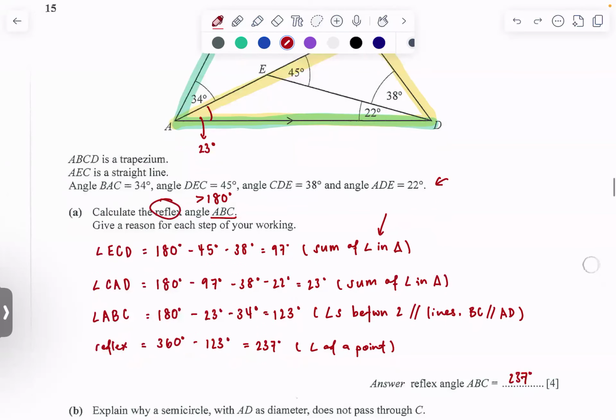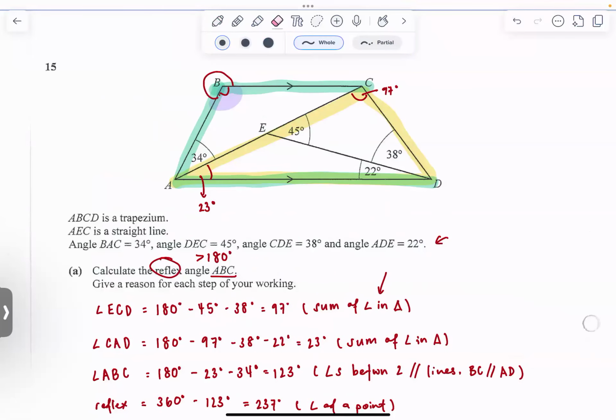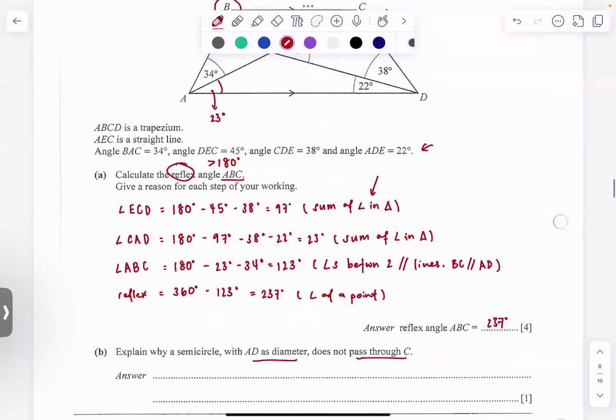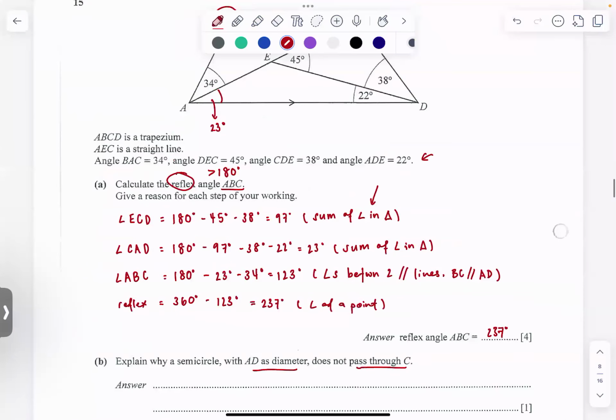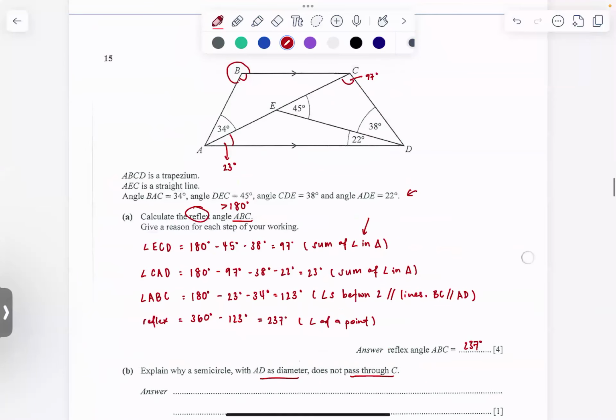All right, let's go to part B. Explain why a semicircle with AD as a diameter does not pass through C. Okay, let's go back. Let me just erase all of this. Okay, so they are saying why a semicircle with AD as a diameter does not pass through C. If AD is a diameter, let's just draw it out.